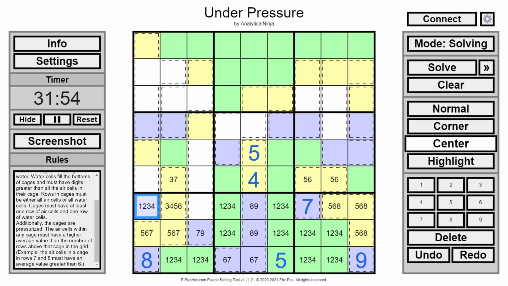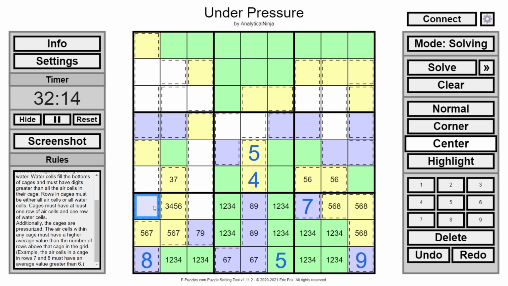So if this is a 1, 2, 3, or 4, then that digit is going to be, how is the best way to go about saying this? So this cage, the airs must average to greater than 4, which means it's going to need a digit greater than 4 in there, because that's how averages work.